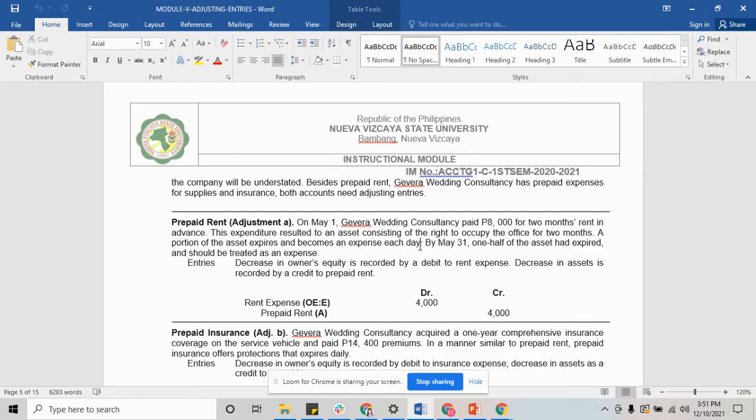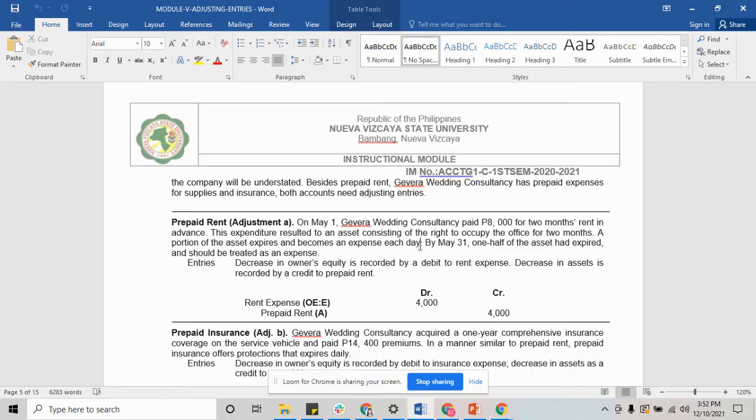So dito, dahil nagbayad siya ng 8,000 rent ng May 1 for 2 months in advance, i-record mo siya as prepaid rent. So debit prepaid rent, 8,000 pesos. Credit cash, 8,000 pesos.